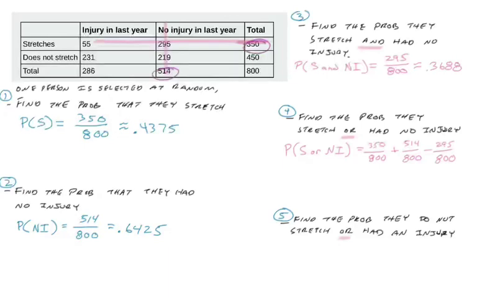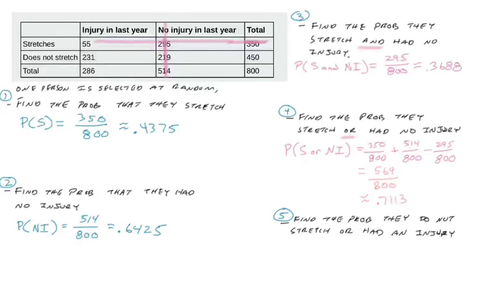But if we notice, we're double counting this group here, these 295, so we're going to want to subtract it. And so that's what we showed there. And so we'll end up with the 569 out of 800, which is roughly about 0.7113.